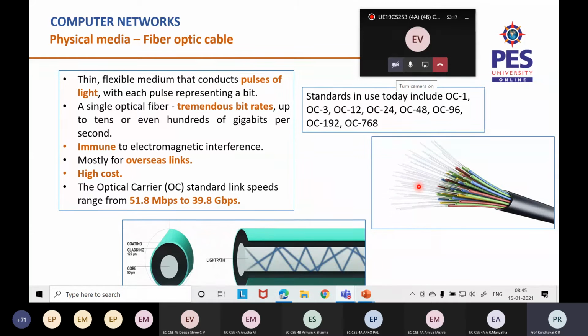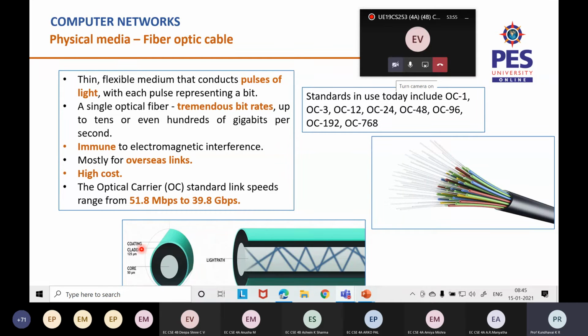So you can imagine light travels faster, so the data transmission rates are also unimaginable. They are very, very high. Look at these thin glass wires. You have to make these wires out of glass, with a thickness like a hair strand. For this reason, it's quite expensive. You have to make this glass in a very thin way, so it's very, very expensive.